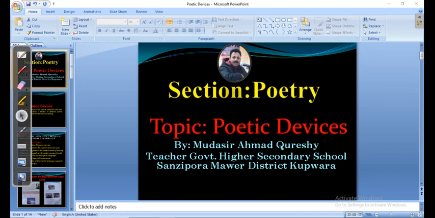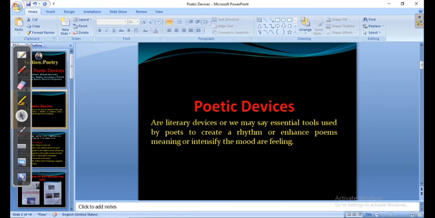They are the essential tools for the poet to create a rhyme or a rhythm in the poem. So, let us start. Poetic devices are literary devices, or essential tools used by poets to create rhythm, enhance the poem's meaning, or intensify mood or feeling.